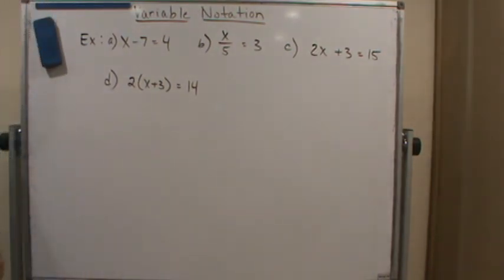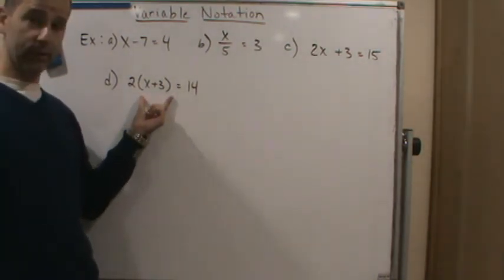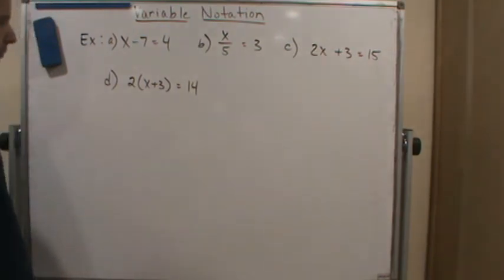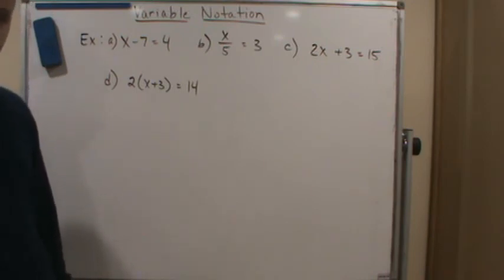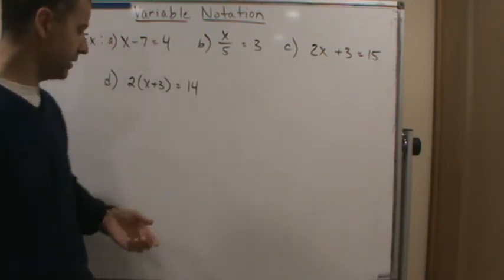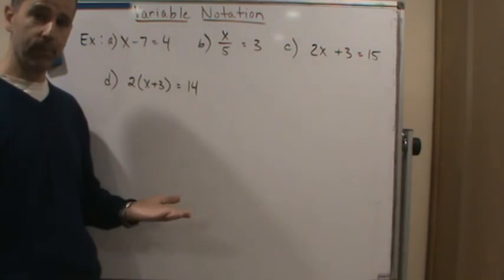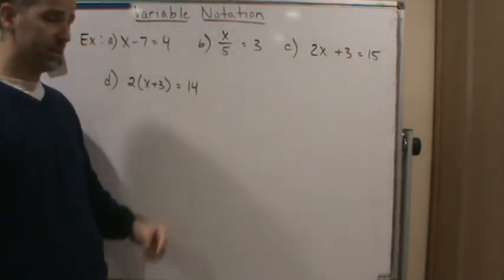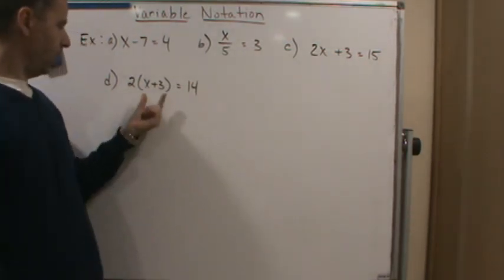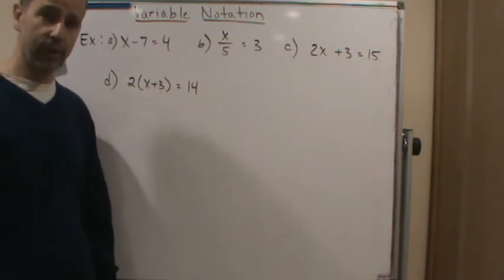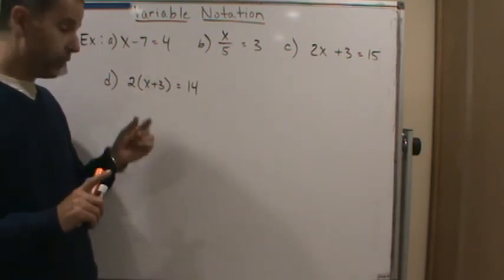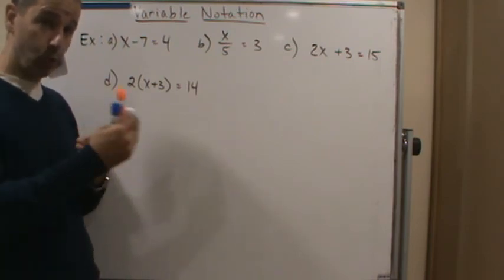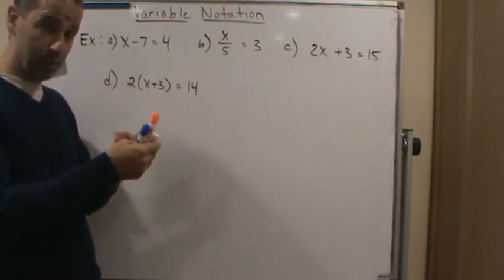Now here, I've got the grouping, right? So now watch how I phrase this. I could say 14 is the result of taking the sum of a number and 3. The word sum implies that I'm going to be adding the next two numbers together.